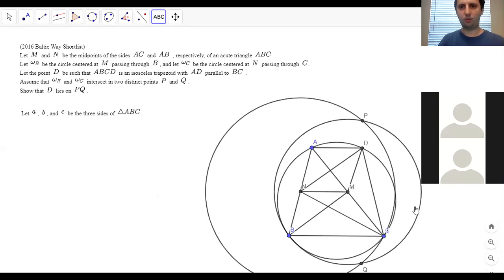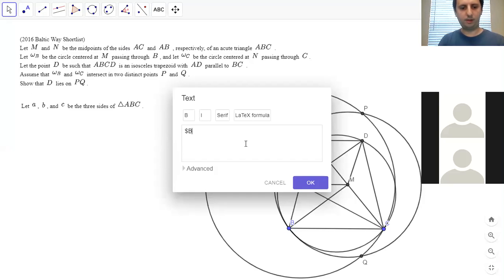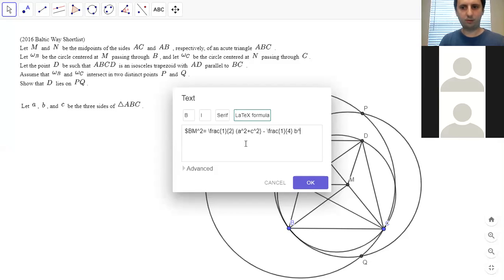But so we have, I think BM squared is equal to half of A squared plus C squared minus a quarter B squared. I think that's right.